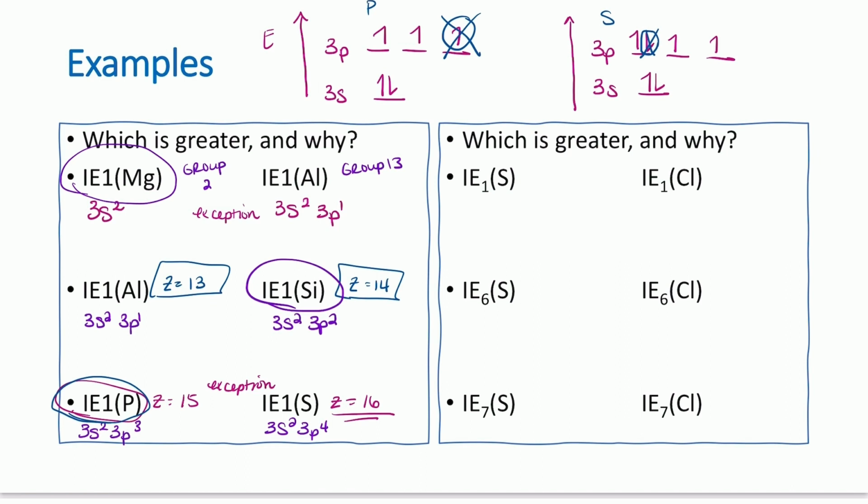Okay, what about sulfur versus chlorine for its first ionization energy? Sulfur, 3s2, 3p4. Chlorine, 3s2, 3p5. Z value here, 16. Z value here, 17.